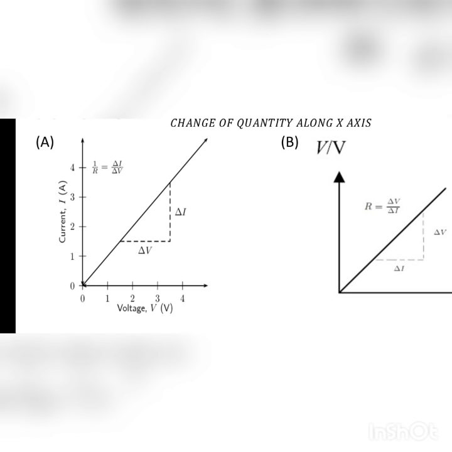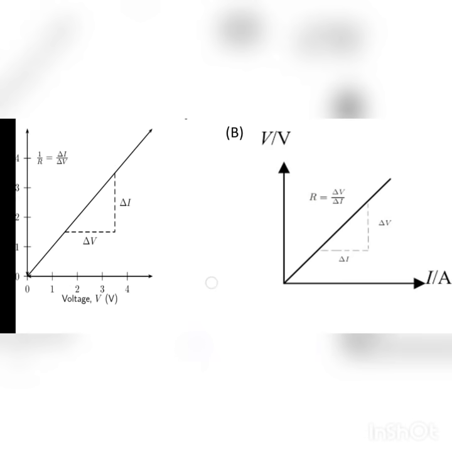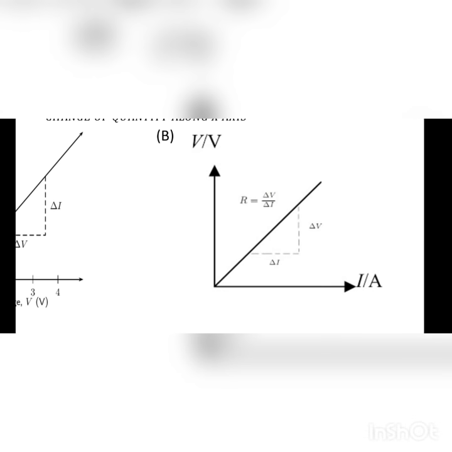Now in the second graph, current is on x-axis and potential difference is on y-axis. Now here the slope will be delta V by delta I, and delta V by delta I is nothing but your resistance from Ohm's law.